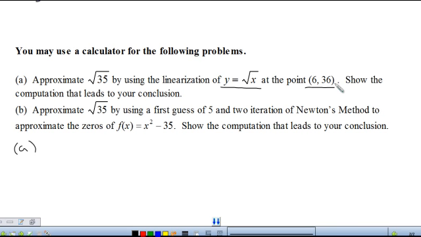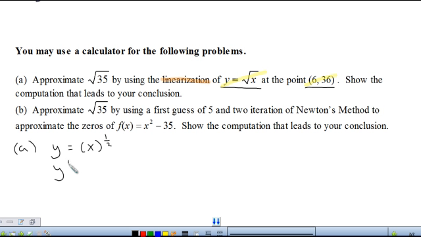So remember, linearization is just another way of saying find the equation of the tangent line of y equals the square root of x at x equals 36. So to find the equation of the tangent line, the first thing I need to do is take the derivative.